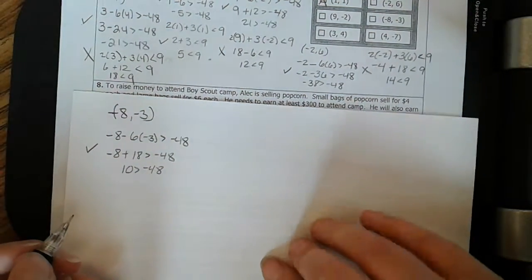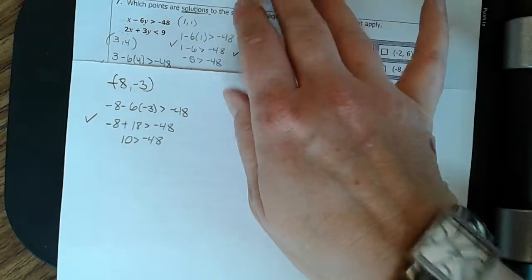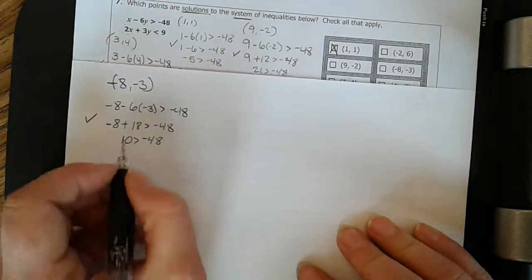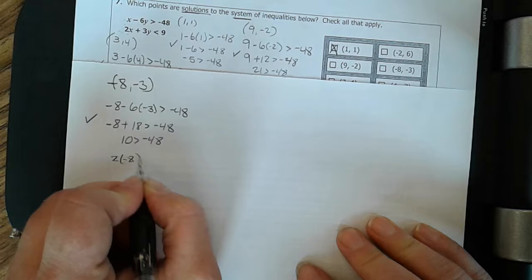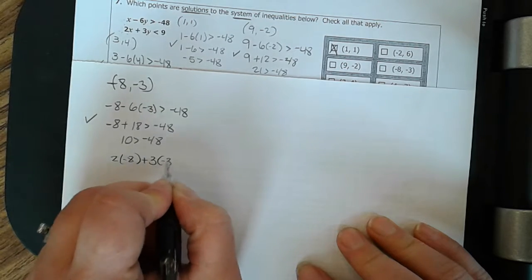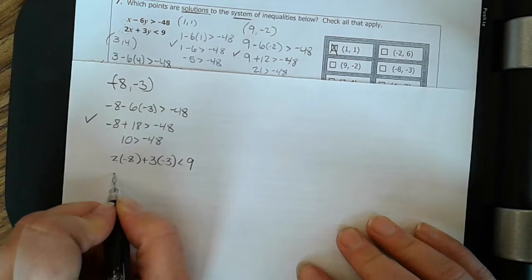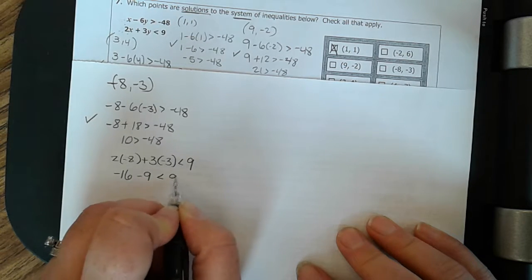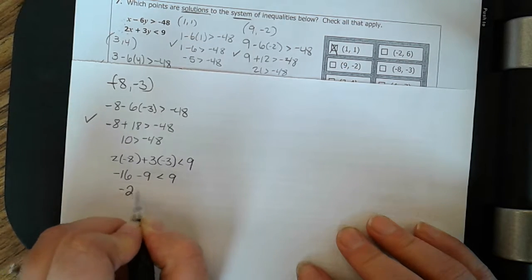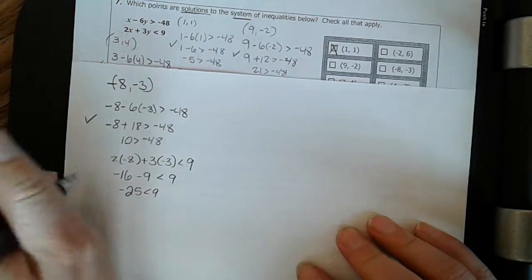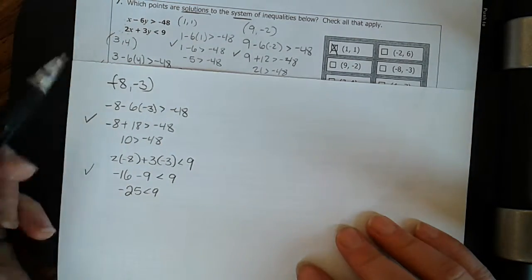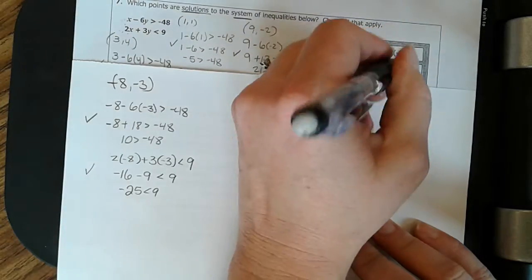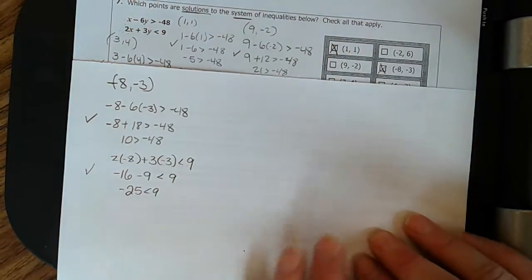And then we're going to plug it into the other inequality, excuse me. And that would be 2 times negative 8 plus 3 times negative 3 is less than 9. So that's negative 16 minus 9 is less than 9. That goes negative 25 is less than 9, so it checks out. So negative 8, negative 3 works in both of our inequalities, so that is a solution to our system.